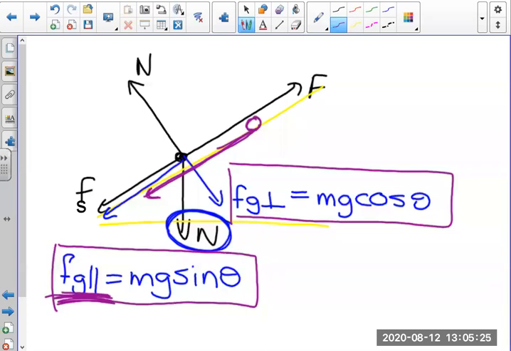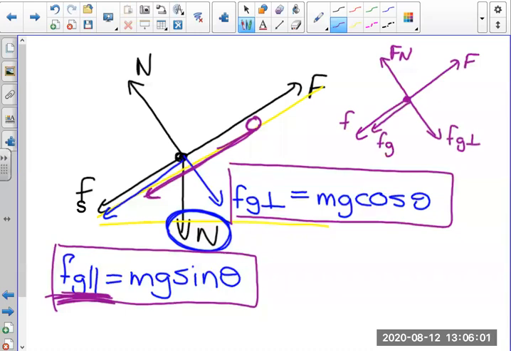Now you have a choice when you draw the free body diagram. Either you can draw the free body diagram as I did on the previous page. I will show it to you again just now. Or you can say, I have a normal force, F normal, or just a capital letter N. I have an applied force. I have a friction force. But now you're going to divide your weight, or the gravitation force, into Fg perpendicular, and then a second force, which is Fg parallel.